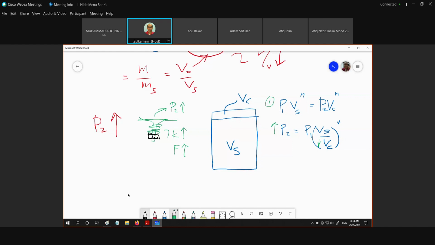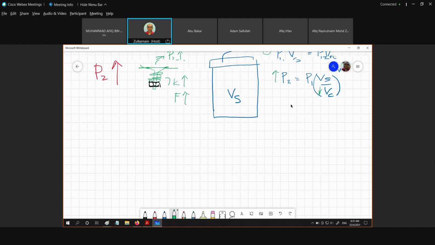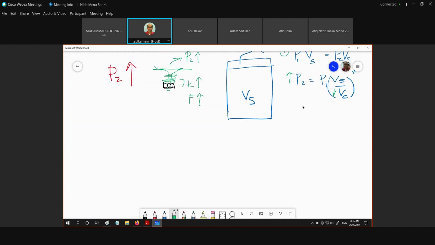And then kita punya drawback bila kita increasekan kita punya pressure P2, this is how you increase the P2 yang saya terangkan ni. And then the drawback when we increase the P2, kita punya VA minus VD akan jadi berkurangan.